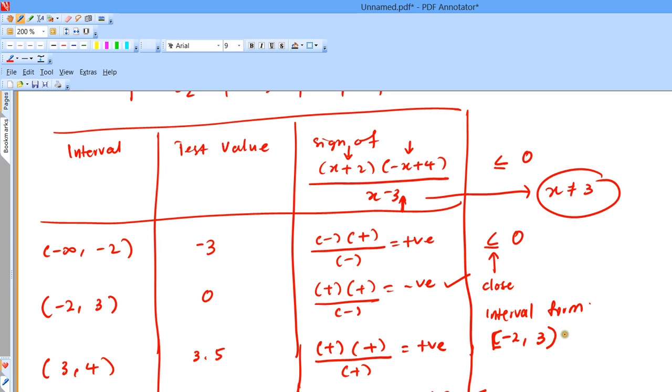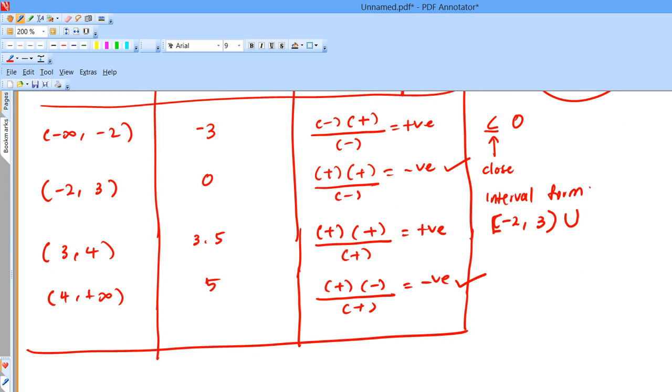Okay, union, and we will use the fourth interval from 4 to positive infinity. So 4 close bracket and then positive infinity open bracket.